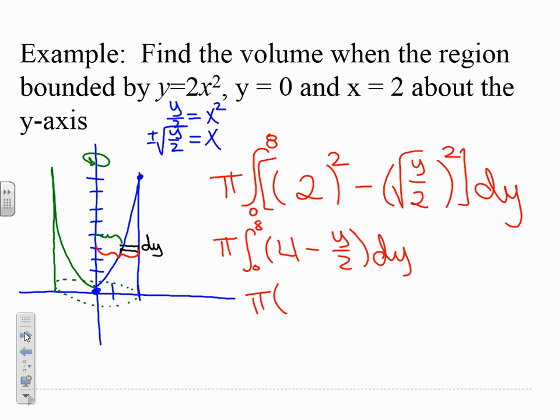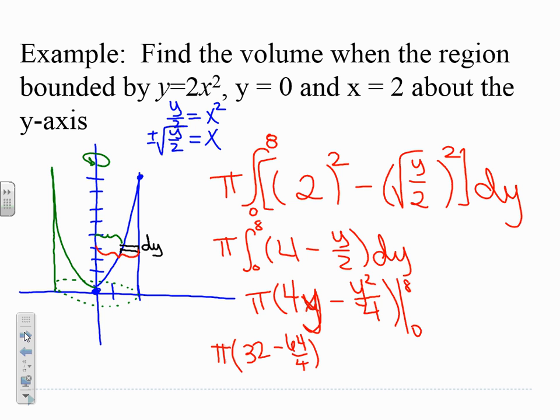Antiderivative of 4? Good call. Minus antiderivative of y over 2? That'd be 1/2 y, so that'd be 1/4 y squared. So when we plug in 8, we get 32 minus 64/4.